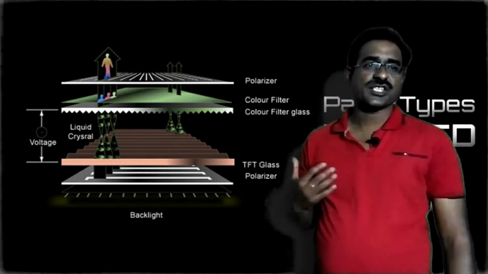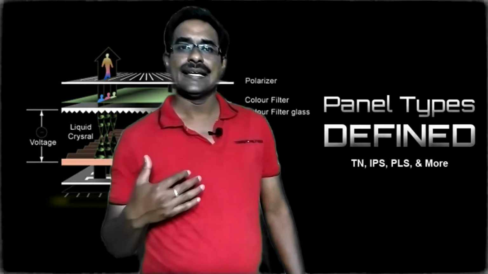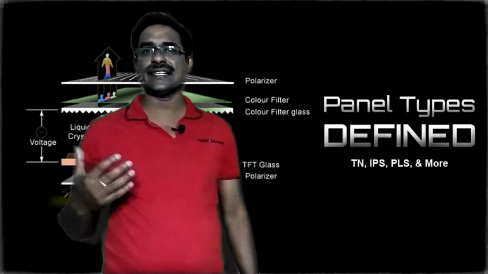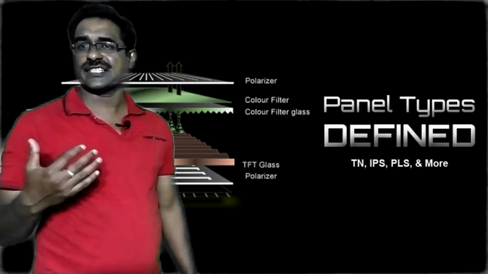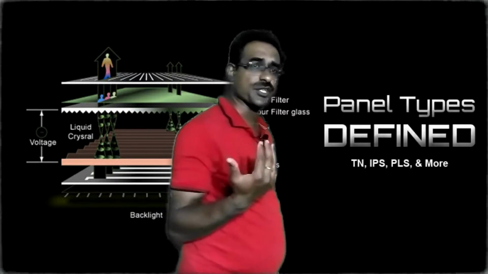Your eyes instantly see different viewing angles. You look at the center of the screen instead of the peripherals, and the color shades can respond differently at different positions.